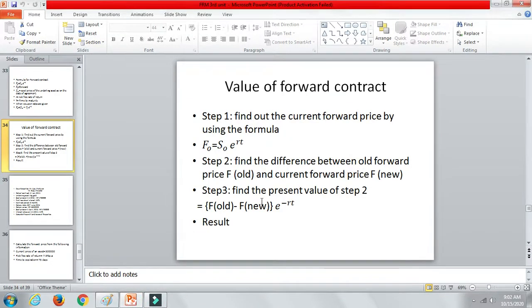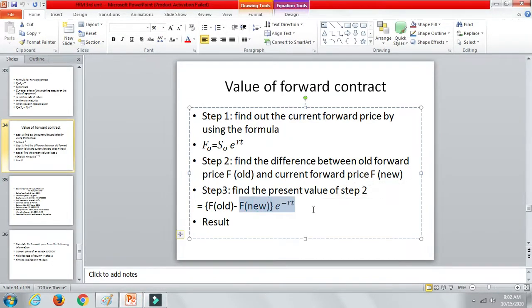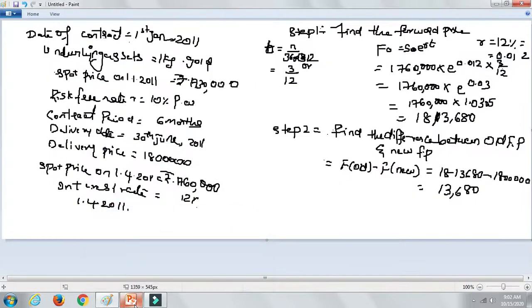Now what is the third step? Find the present value of step 2. So we are going to find the present value of step 2. That is nothing but what answer we got. We are going to do e power minus rt for that. So step 3 is nothing but 13,680 e power.